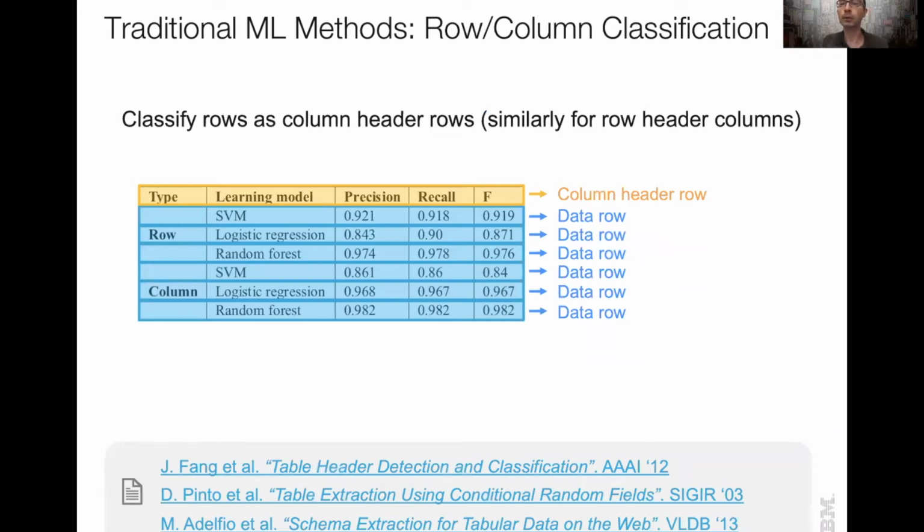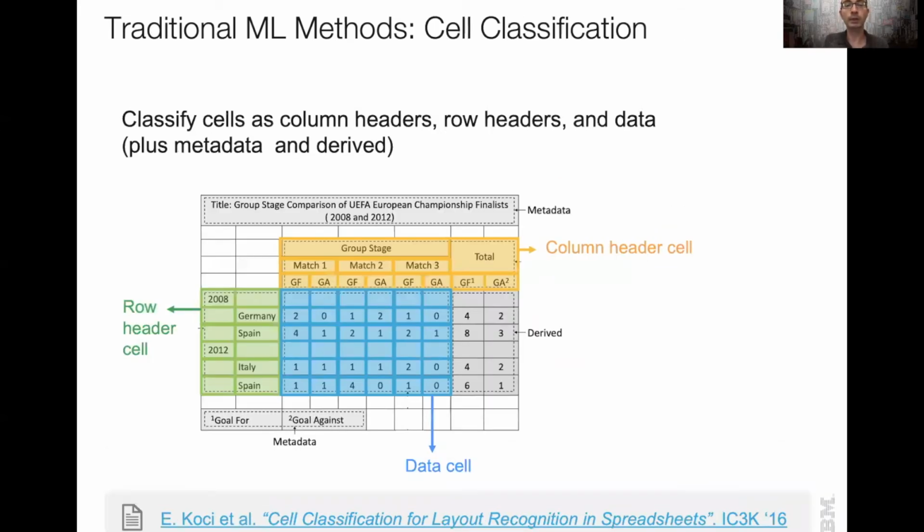However, this is not the only approach. For instance, Kochi et al. look at it as a cell classification problem in which each individual cell is labeled, and then the model is trained to predict the type of each individual cell.